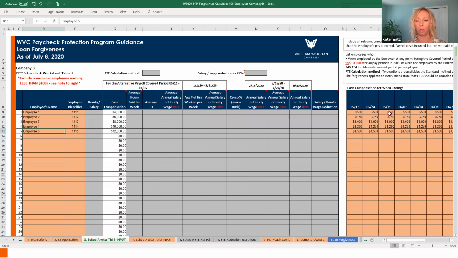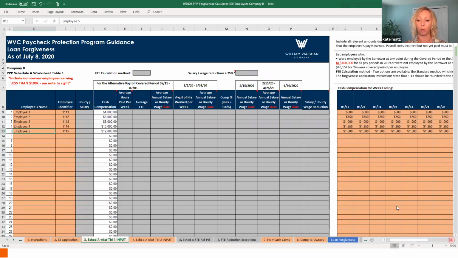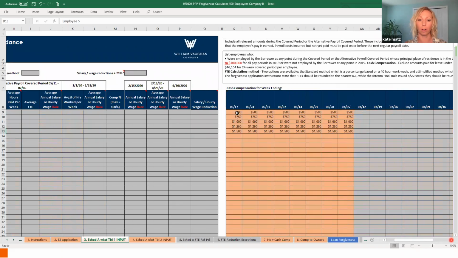But as you're looking at the wages that you can include for forgiveness, you've got to remember that you can include everything that was paid as well as the wages that were incurred during the period but haven't yet been paid, so long as they do get paid on that very next normally scheduled pay period date. So probably if you worked through things that were actually paid, these first amounts that are paid here, they're going to be for time that was worked the prior week or maybe even 2 weeks prior, depending on the lag on their payroll cycle.